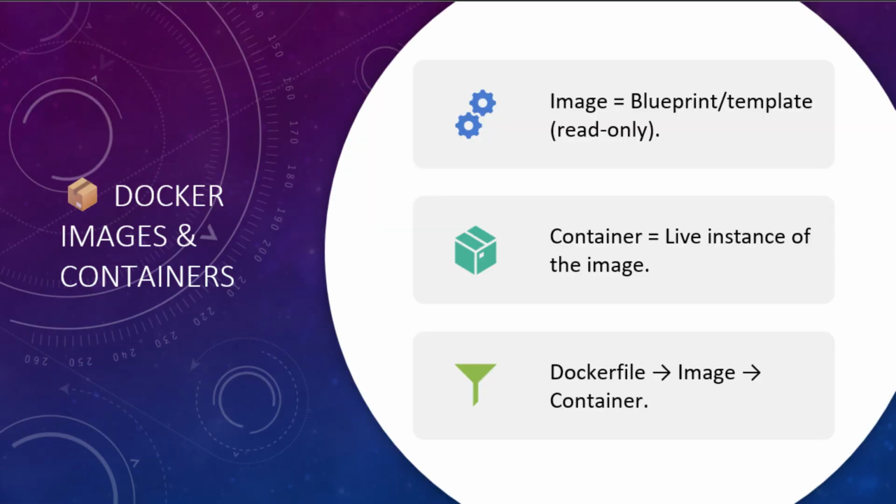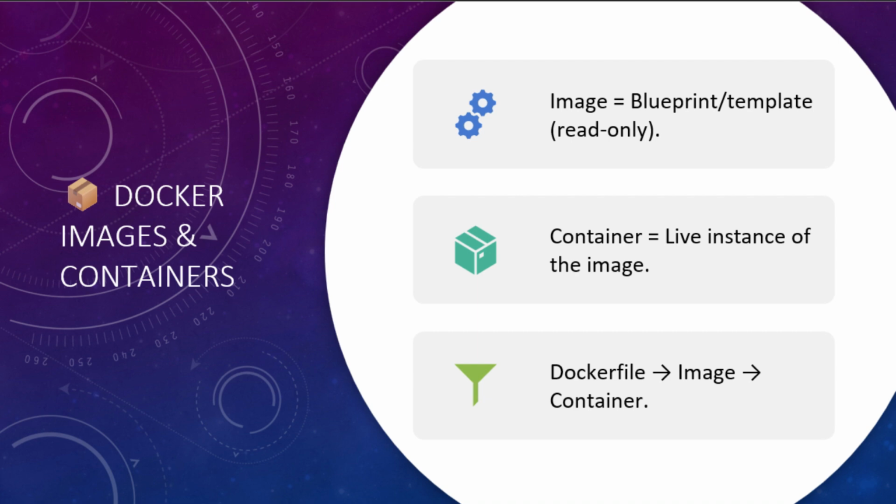Docker images and containers. At the heart of Docker are two concepts: images and containers. A Docker image is a read-only template that defines how to build your container. Think of it like a blueprint or recipe. A Docker container is a running instance of that image.